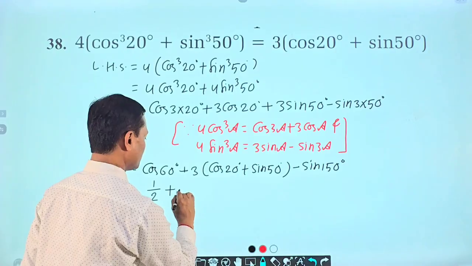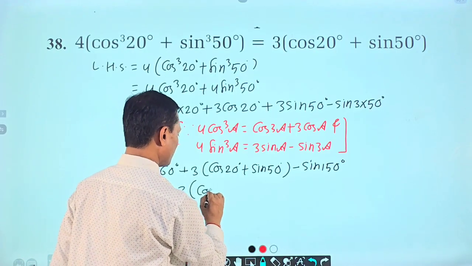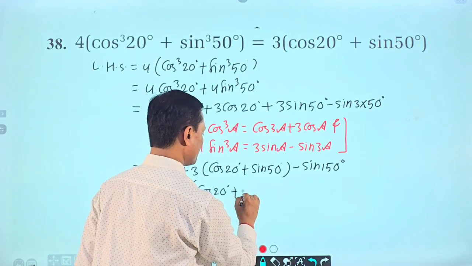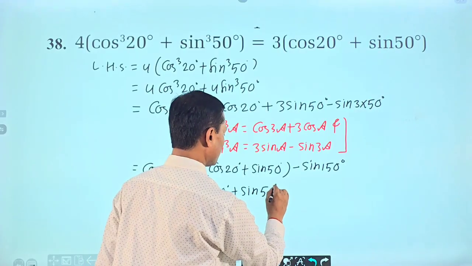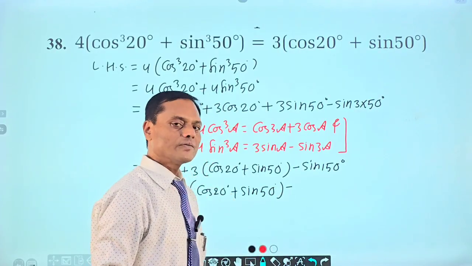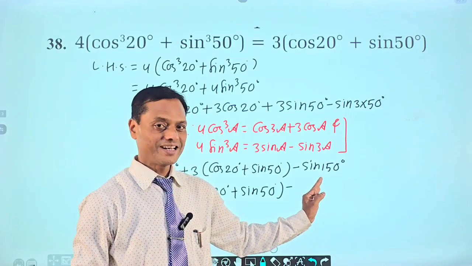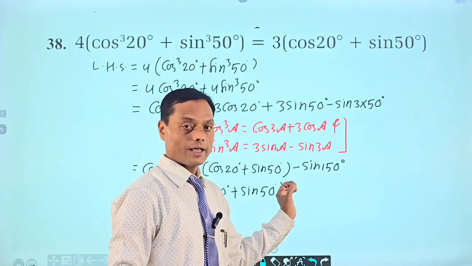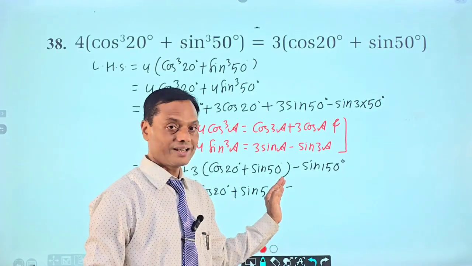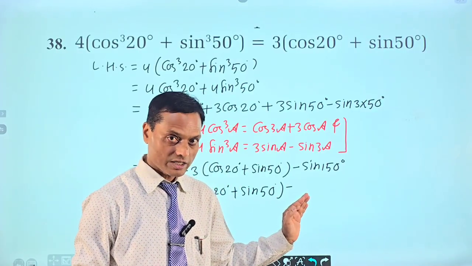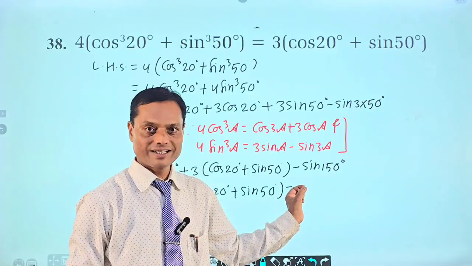And plus 3 times cos 20 degree plus sine 50 degree, minus sine 150 degree. So what's the value of sine 150 degree? Sine 150 degree equals sine 180 degree minus 30 degree, isn't it? And sine 180 degree minus 30 degree means sine 30 degree, because sine is positive in the second quadrant.